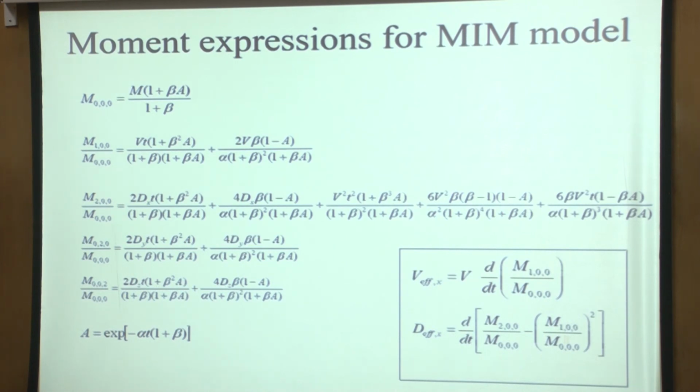However, after we do all this, I can still define my effective velocity as this and D effective as this, but notice that d by dt of m100 by m00 was this whole term, and it has t in various places, so you have to take its derivatives. D effective would essentially be given by this kind of an expression. So extension to higher order dimensions can be done, but the algebra becomes a lot more tedious.